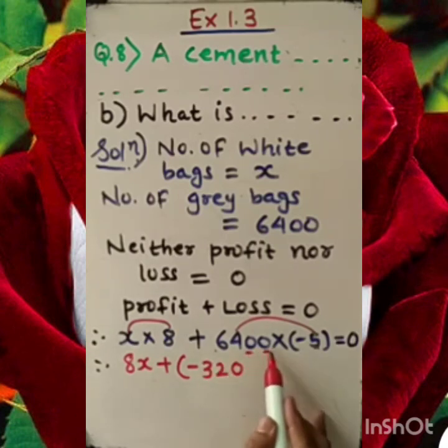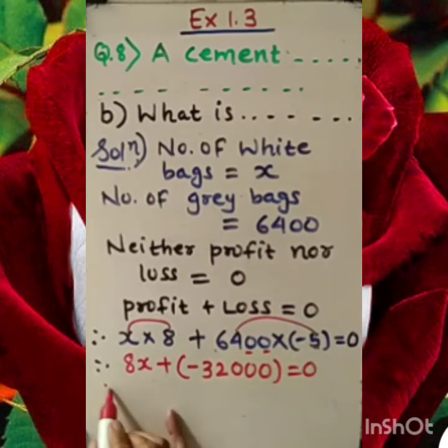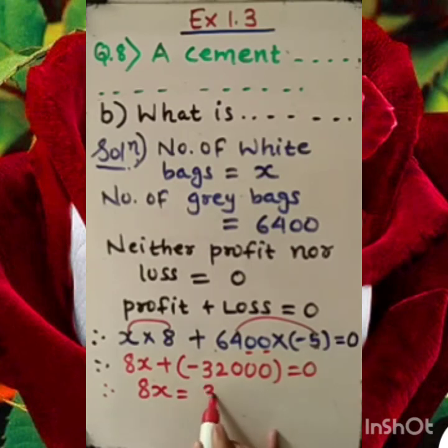Beside this, the two zeros are already there, so I am writing them on that side. So let me bring this 32,000 to the right side. Transposing it to the right side, the minus will become plus.